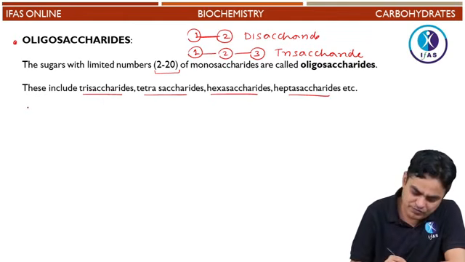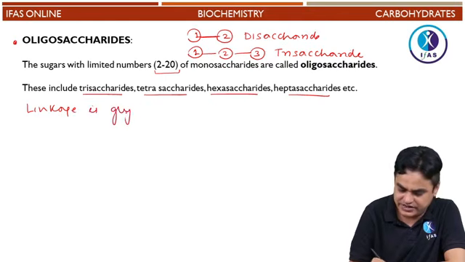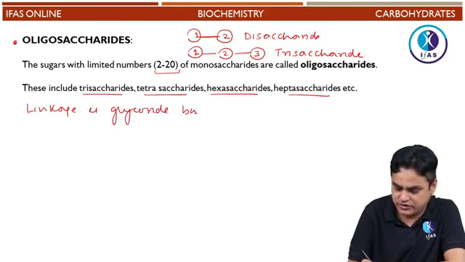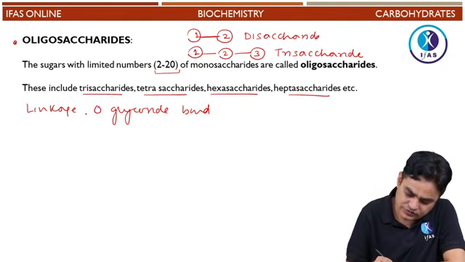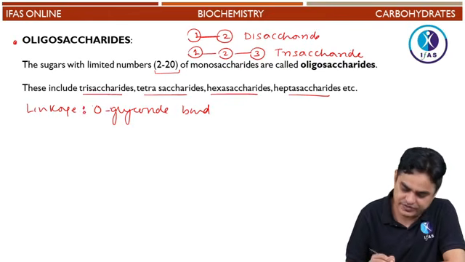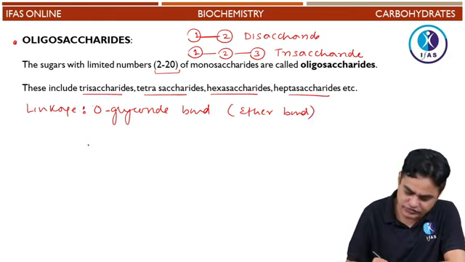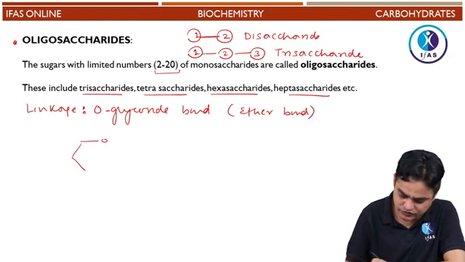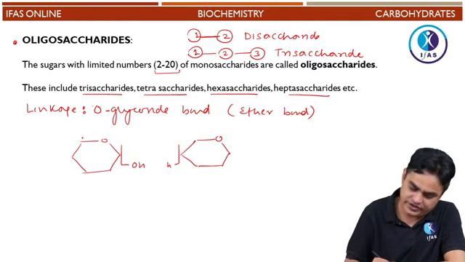So, linkages: glycosidic bond. More accurately, it is referred to as an O-glycosidic bond. Basically, it is an ether bond. Whenever a glycosidic bond forms, OH from one side and H from the other side are involved in bonding. Let's say this is some sugar.